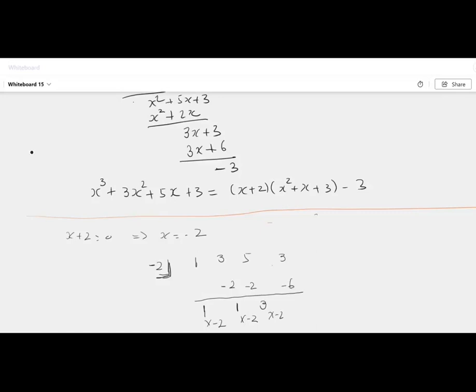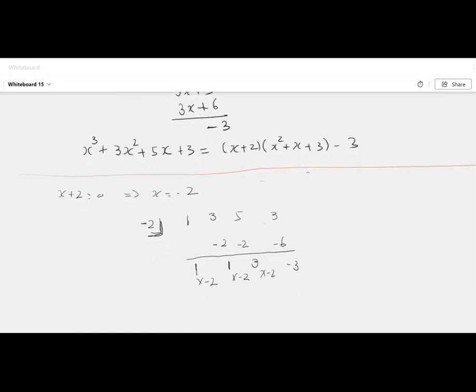Minus 2 times 3 is minus 6, and if you add, you will get minus 3. Now what this means is that the quotient is a degree 2 polynomial whose coefficients are 1, 1, and 3, and that the remainder is minus 3, and there is the answer there.